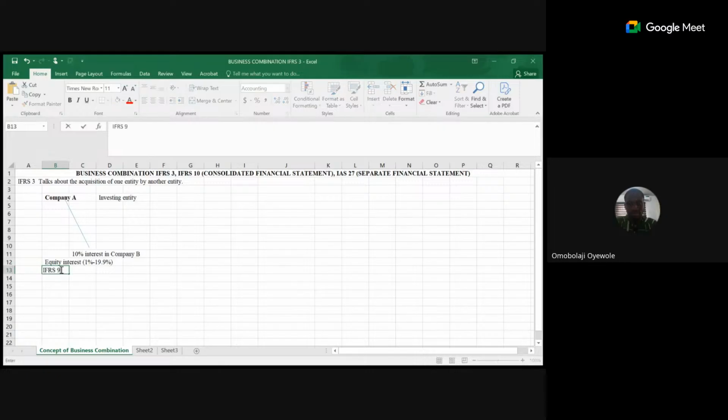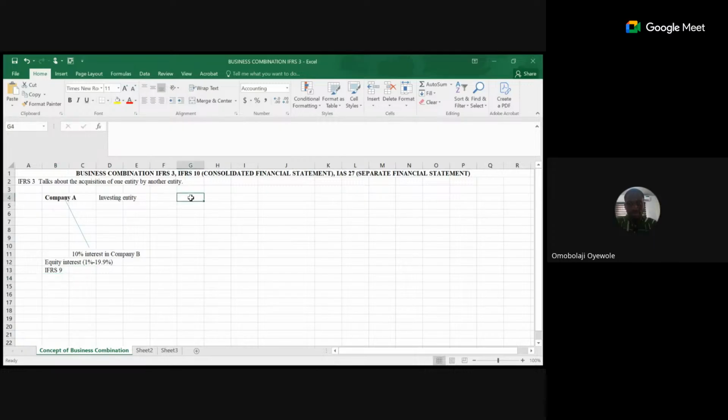What does IFRS 9 talk about? Financial instruments. So it is IFRS 9 that talks about this equity interest. Company A buys 10% interest in company B, so the kind of interest that company A has in company B is equity interest.